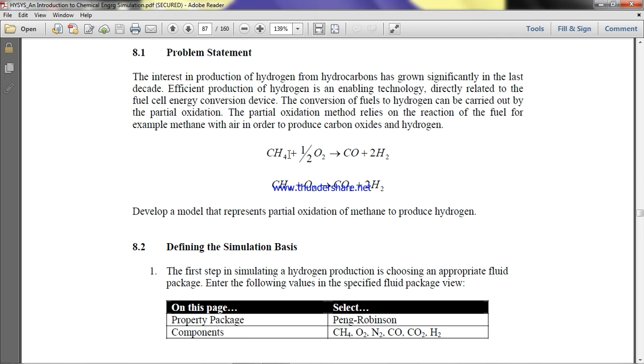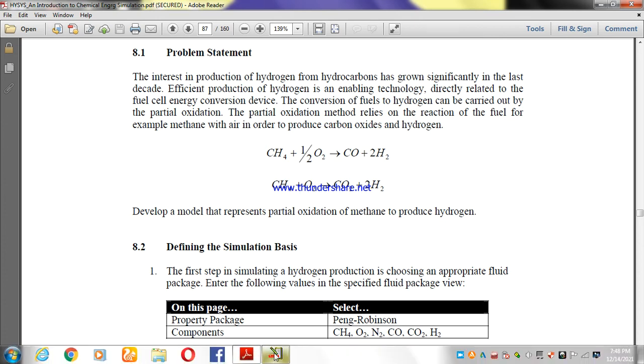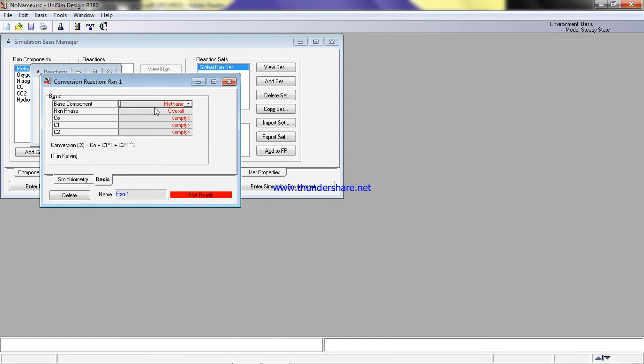Okay, so we base the reaction parameters on that limiting reactant. So for methane, base component methane, then the conversion will pick 40%. Okay, that might have resulted from maybe lab work, and then we saw 40% conversion as being optimum.